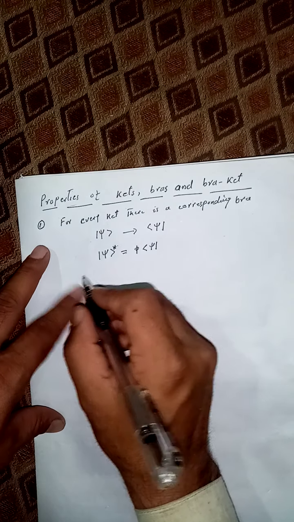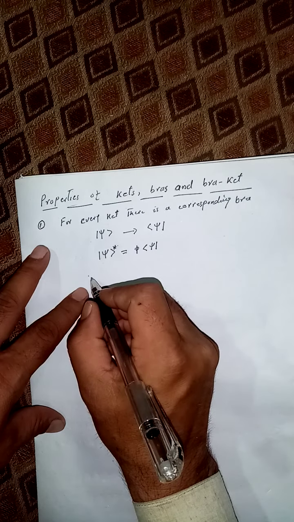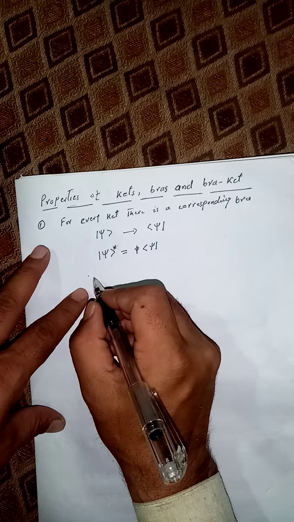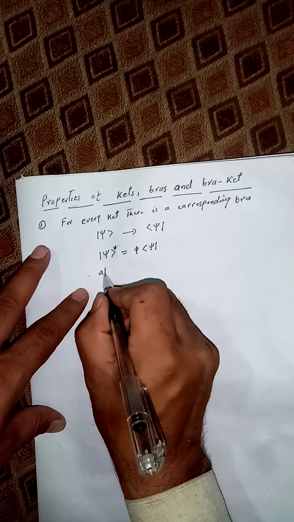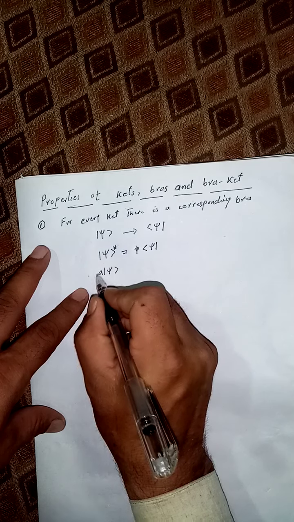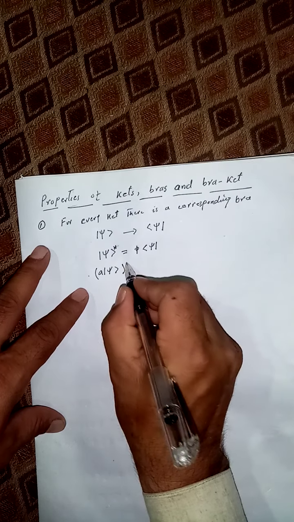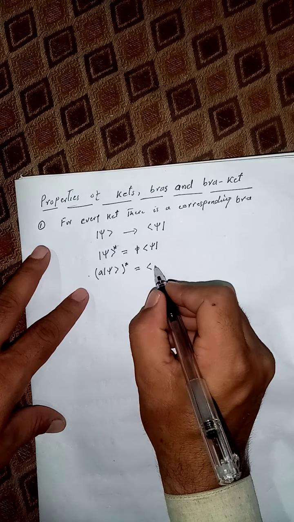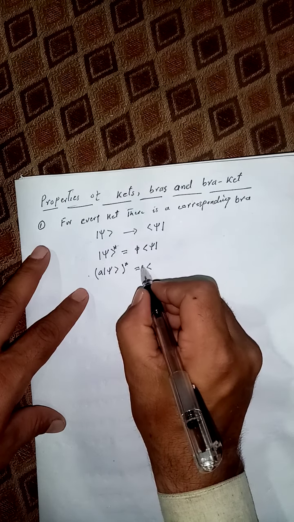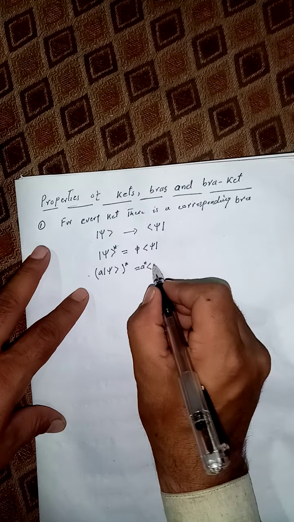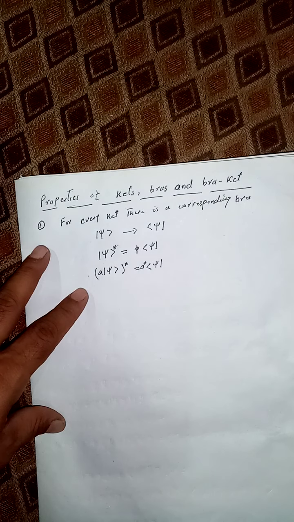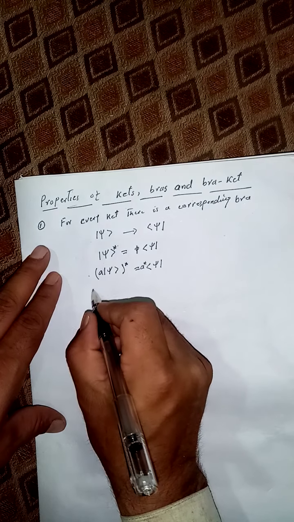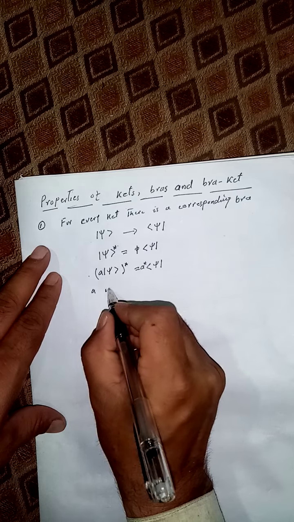And also, if we have a ket A of psi and we take the complex conjugate of this whole ket, we get a bra vector which is A star psi. This is another property where A is a complex number.